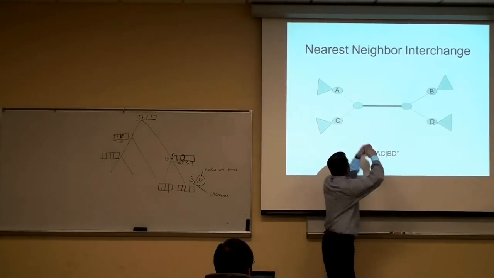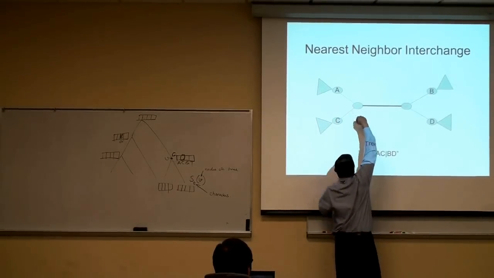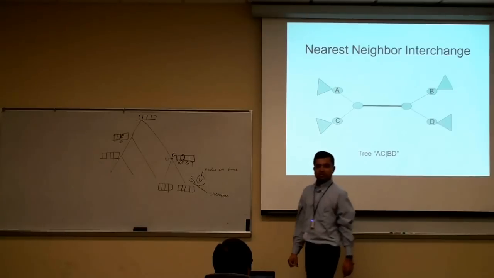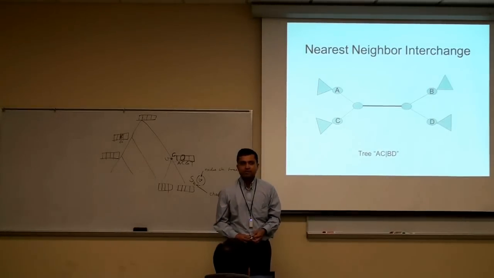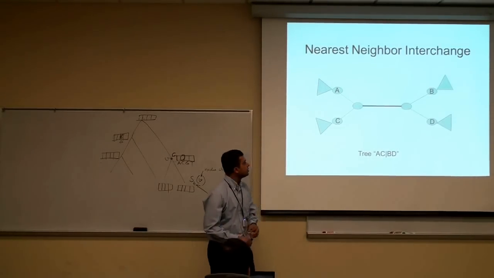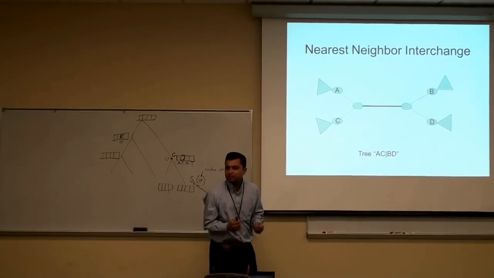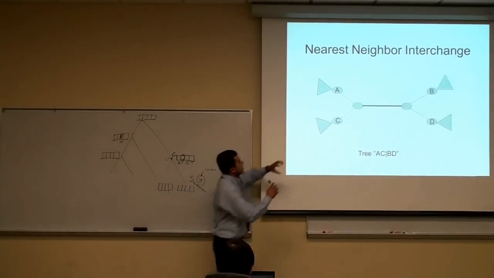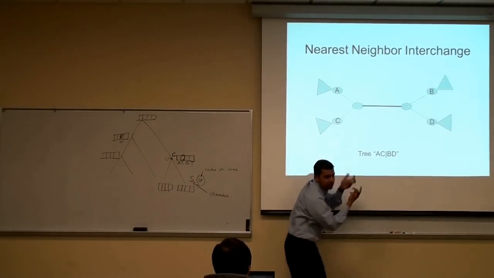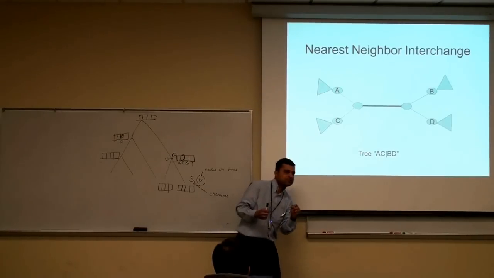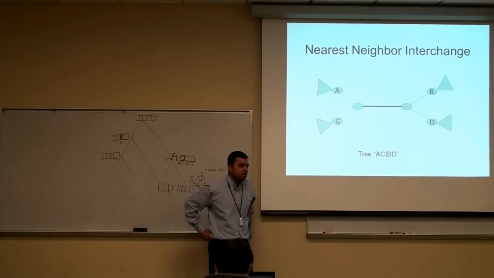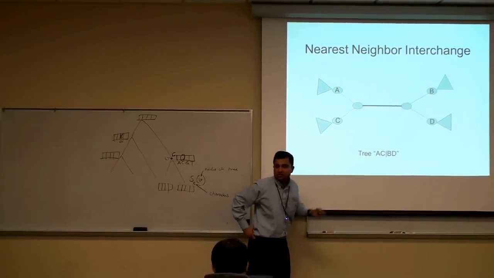You just cut, as if you've cut at this branch and you just stuck it there. This is what a nearest neighbor interchange is. And this has fundamentally changed the topology. If you had replaced these 2, it would not be a fundamental change in topology. It's the same topology, just seen slightly differently. But this is a fundamental change in the topology.